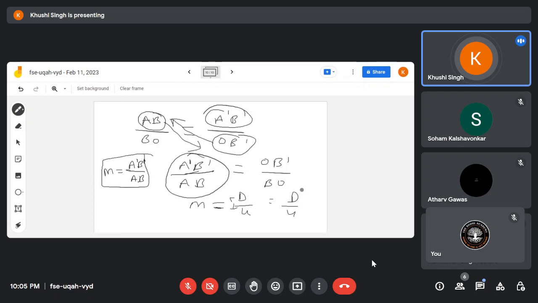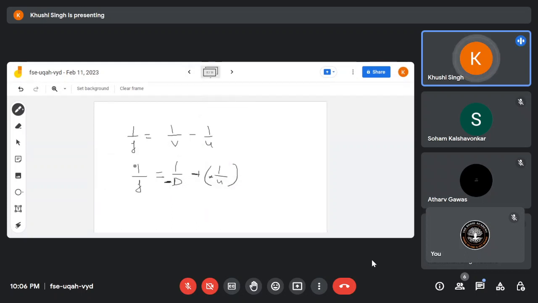And next, check, this is my D by U, right? This is my D by U. So what I'll do now, I will multiply throughout by D. I'll multiply here also by D, and here also by D. Agree? This minus minus became plus. So I can just rewrite properly. That is D by f equal to, now D and D cancel.